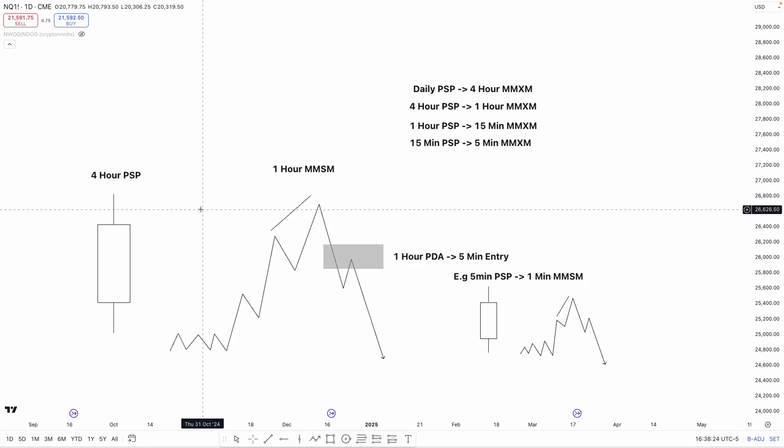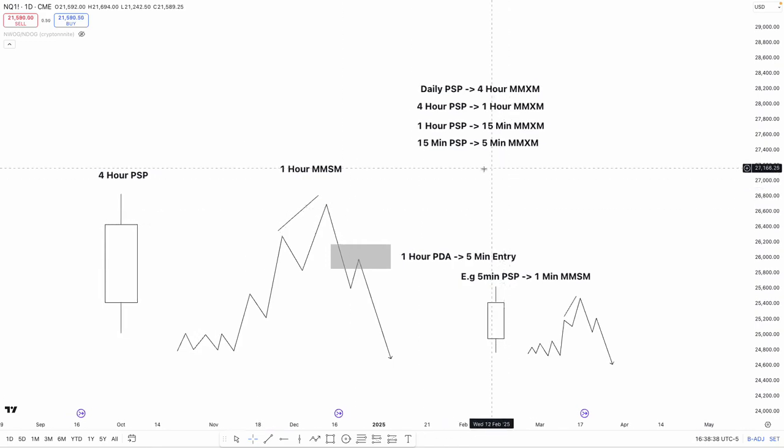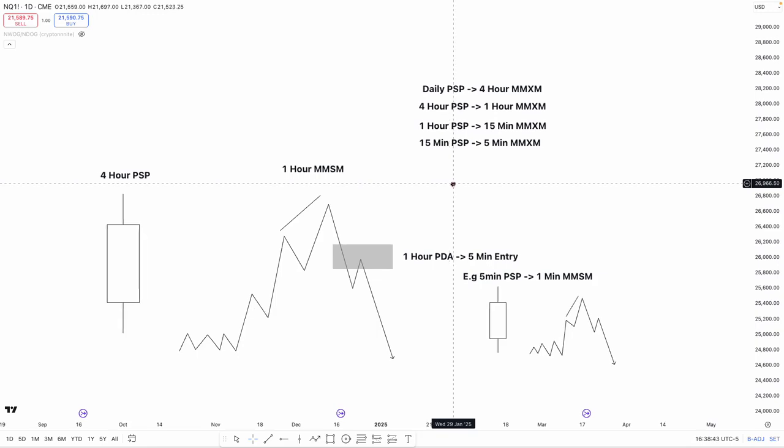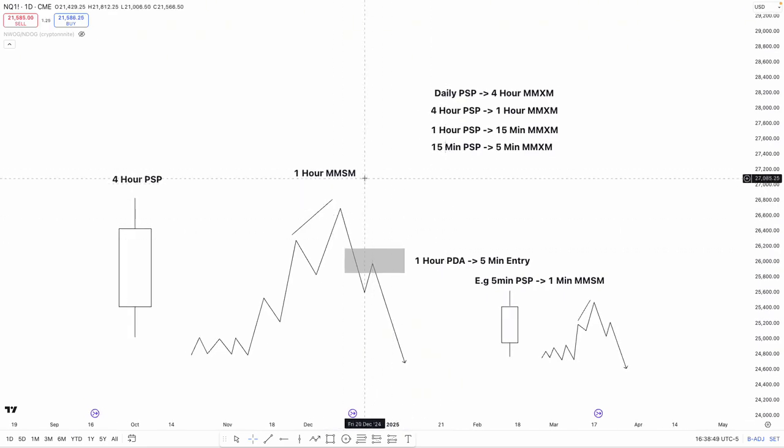You need to simply find a model that works for you, that repeats, that you know will generate you money over a given period of time, given that you stick to the rules and you apply it with the correct risk management. But I really hope this makes sense and this clears up some noise.